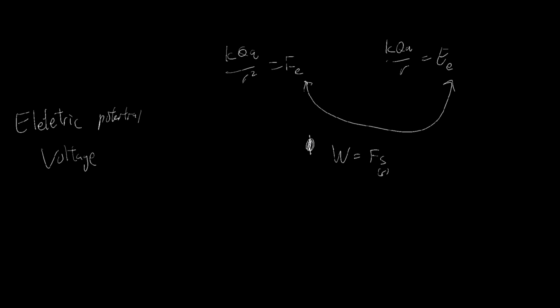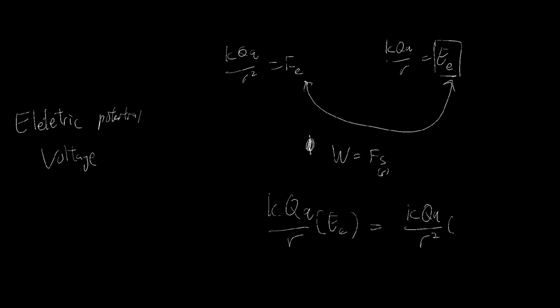Since electrostatic energy is basically the work required, we can write E, the electrostatic energy, equal to kQQ divided by r squared, which is the electrostatic force, times s, the distance, which can be written as r.